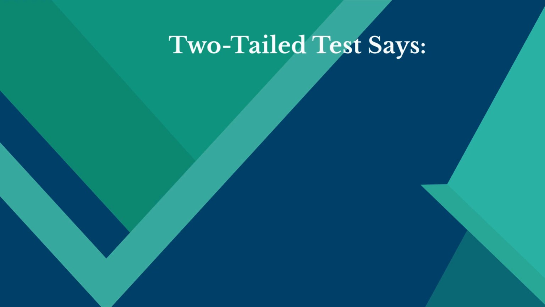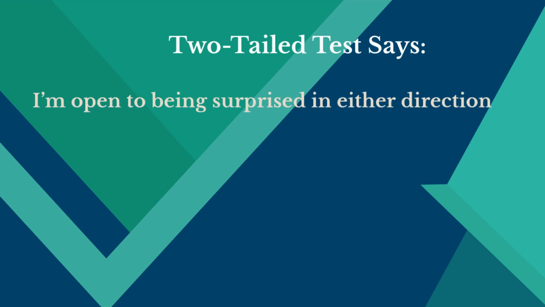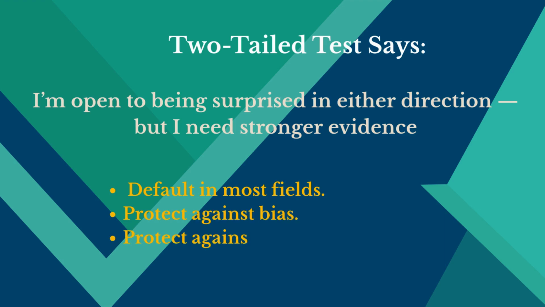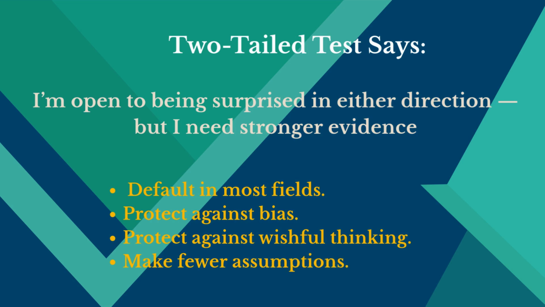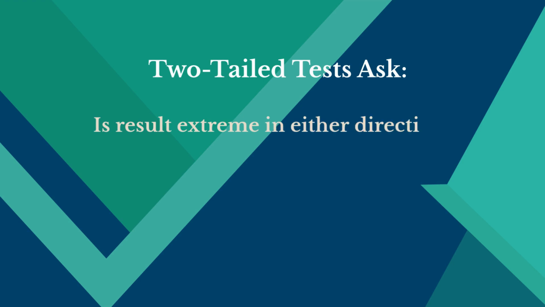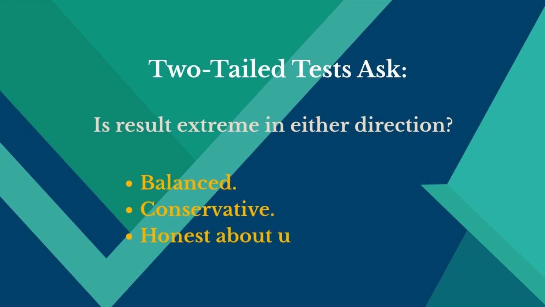A two-tailed test says, I am open to being surprised in either direction, but I need stronger evidence. That's why two-tailed tests are the default in most fields. They protect against bias, they protect against wishful thinking, and they make fewer assumptions. So let's summarize. A two-tailed test asks, is the result extreme in either direction? They are balanced, they are conservative, and they are honest about uncertainty.